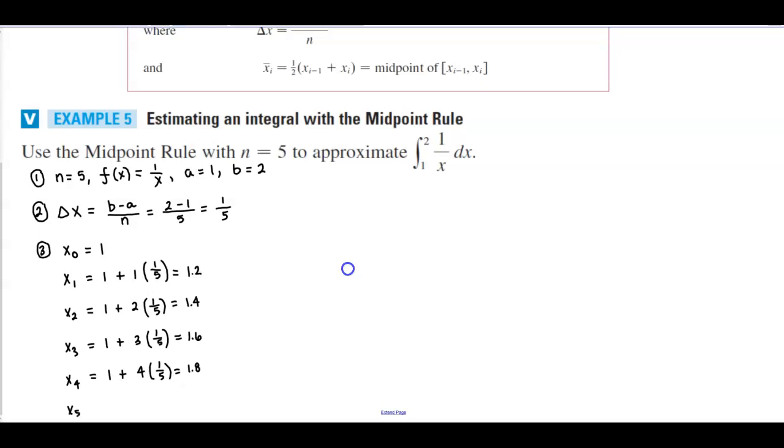And the fifth is 1 plus 5 times 1 over 5, which becomes 2.0.